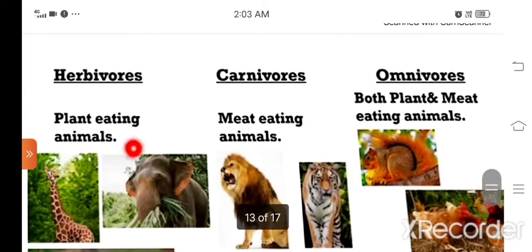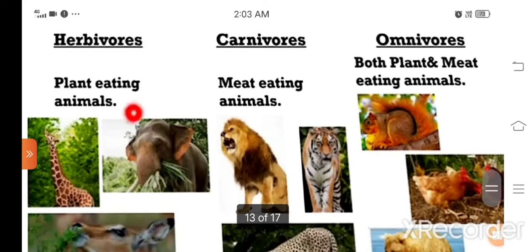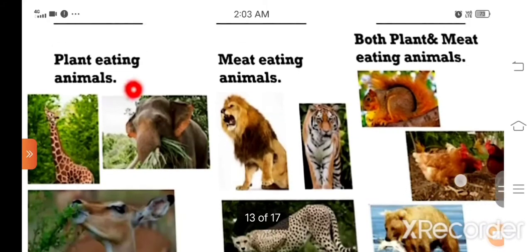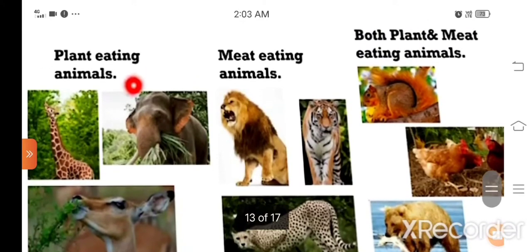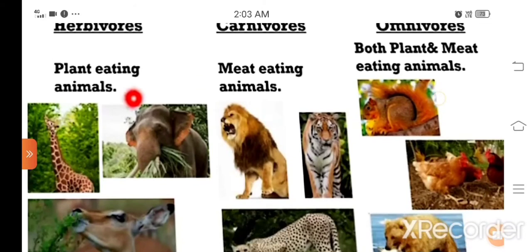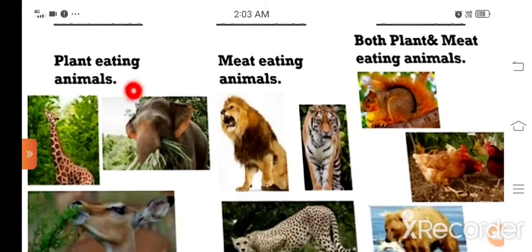Then the third is omnivore. Omnivores eat the flesh of animals, and they also eat plants too. That is why they are called the omnivores, like rat, hen, and bear. Like that, crow is also an omnivore, and there are so many animals that are called omnivores, and they eat the flesh of other animals, and they also eat plants too.